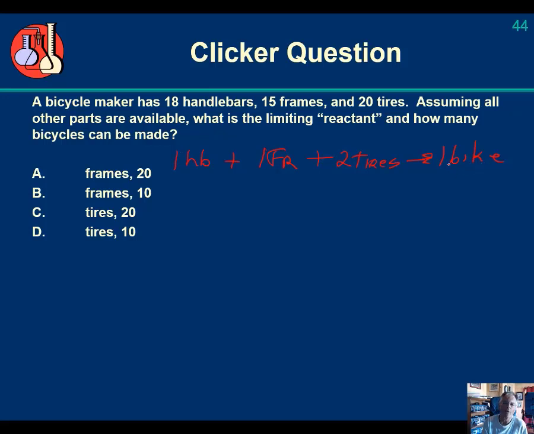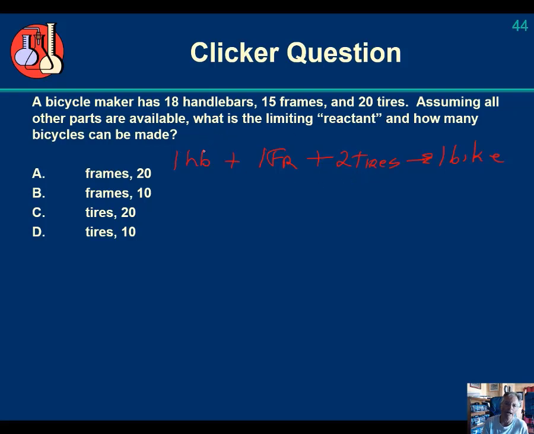So how do I determine which one of these components is limiting and how many bikes can I make? Well, I could simply plug in 18 handlebars here and work it out and see how many bikes I can make. It's a 1-to-1 ratio, so I should be able to make 18 bikes. But that's assuming that frames and tires exist in excess.